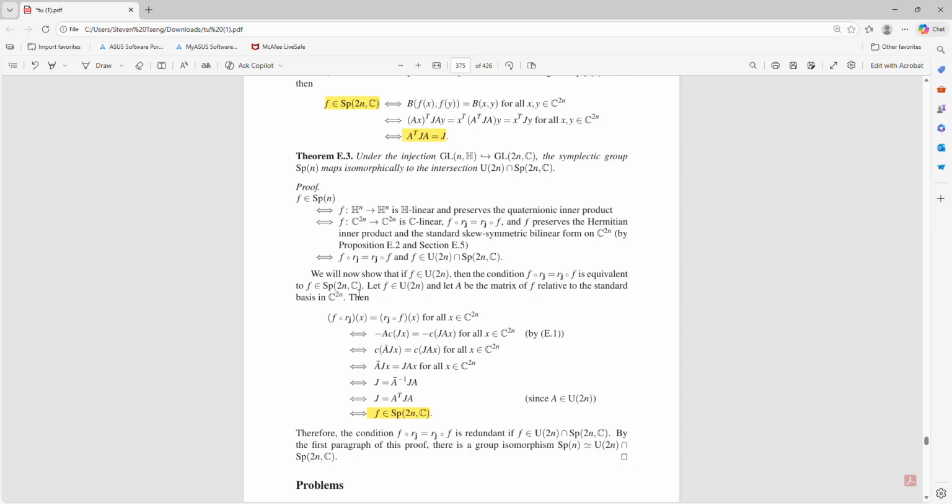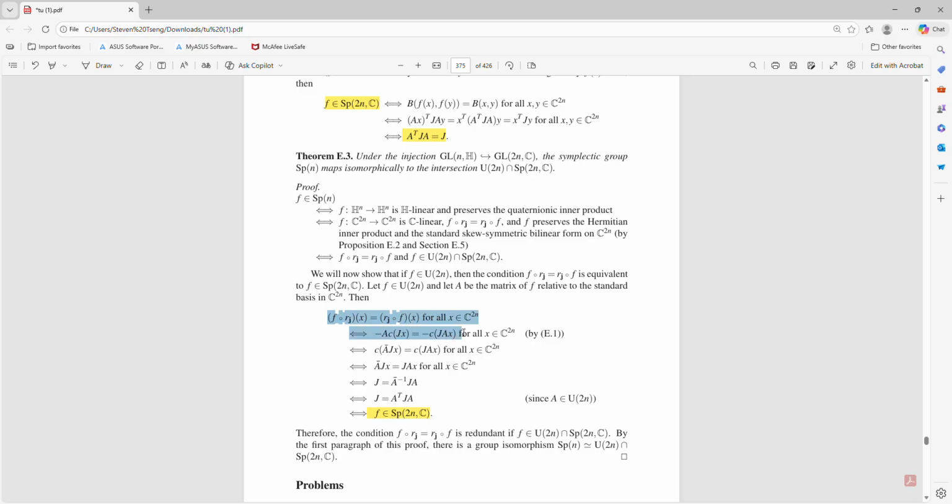On the other side, we will show that this condition is equivalent to F belonging to the unitary group of dimension 2n.